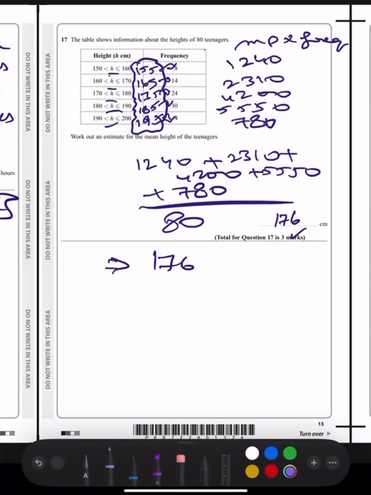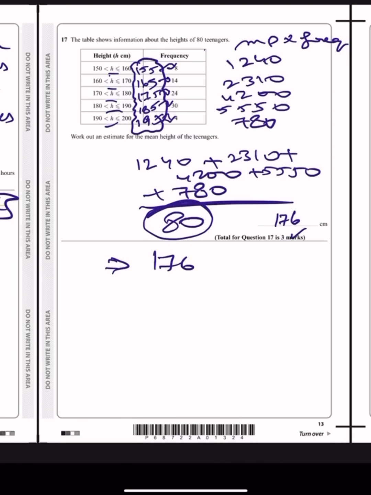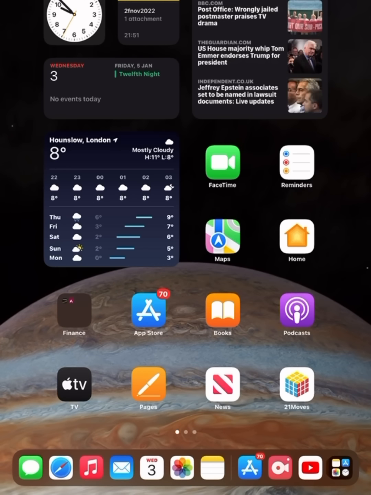So super important: first find the middle number and the frequency. When we add up the frequencies, we get 80. Then when we add these up and divide by 80, that gives us 176 centimeters. I hope this one is clear to you guys. Please let me know if it is not clear, and we'll make another video on it.